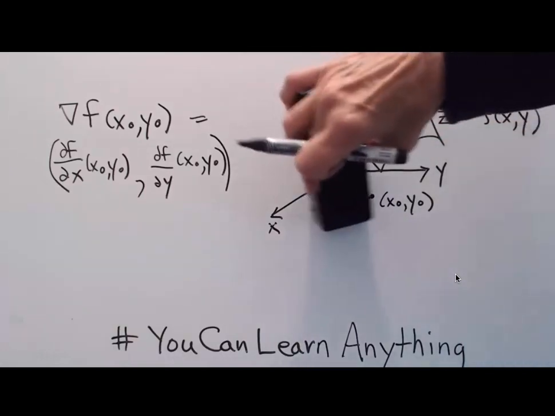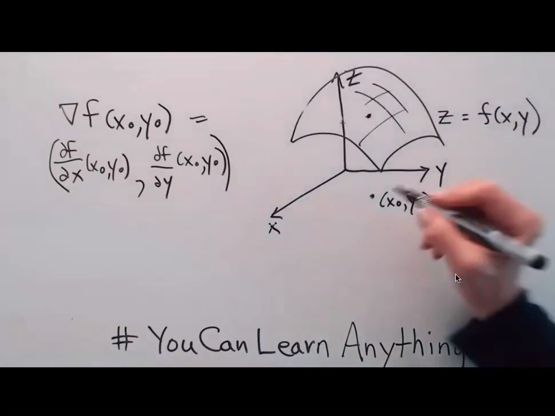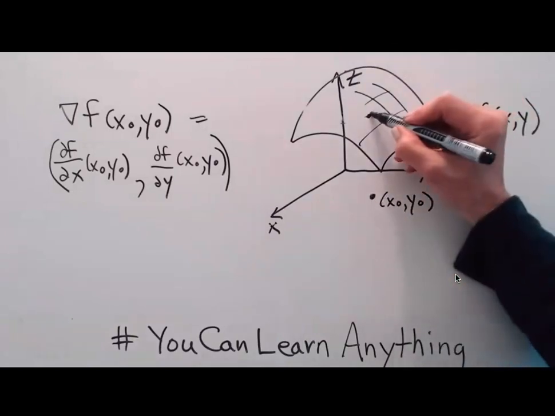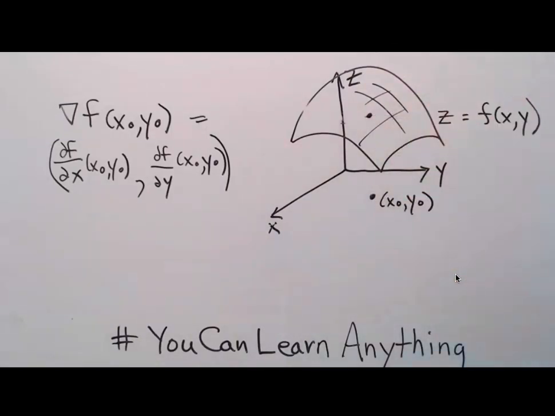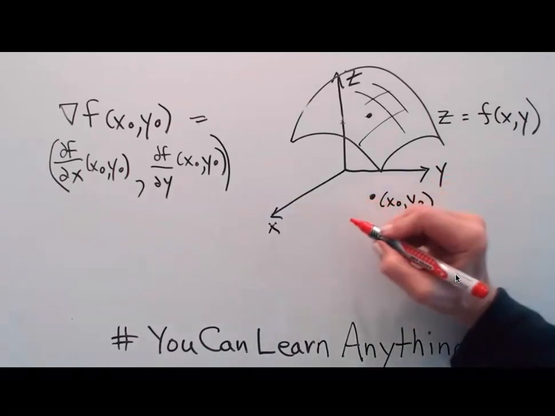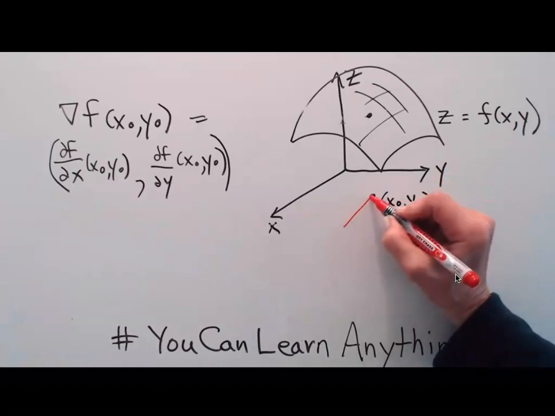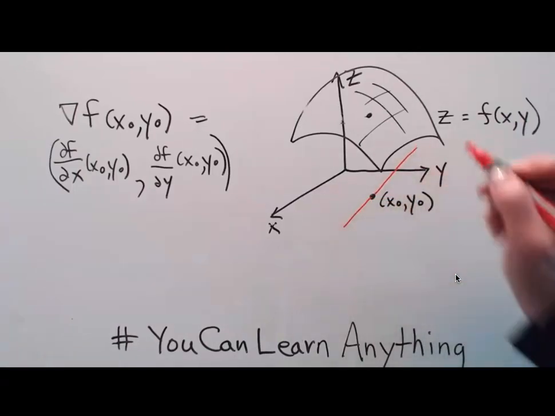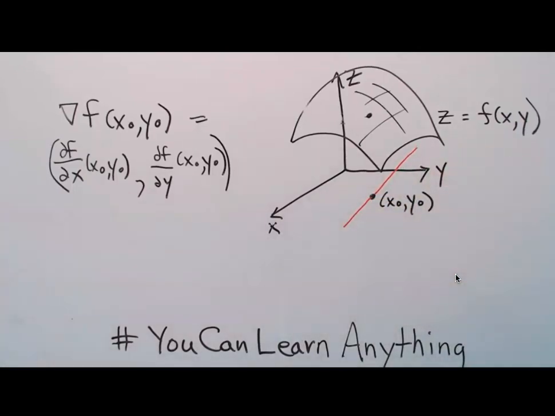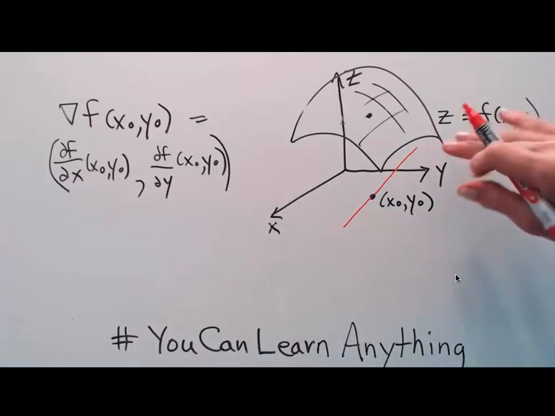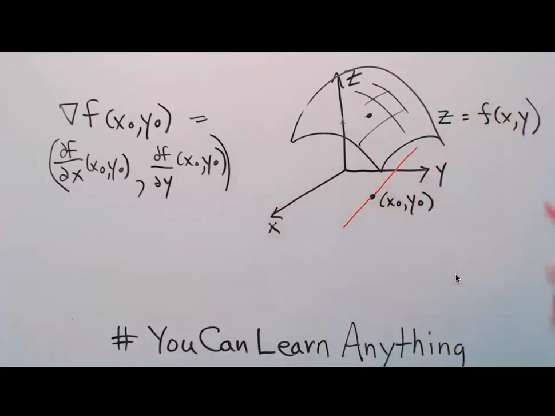Not a three-dimensional vector. So now that we've mentioned the partial derivatives, let's come back into 3 dimensions and remember what those partial derivatives mean, at least geometrically. We're not going to calculate partial derivatives right now. Let's start by drawing a line through the point x0, y0, parallel to the x-axis.